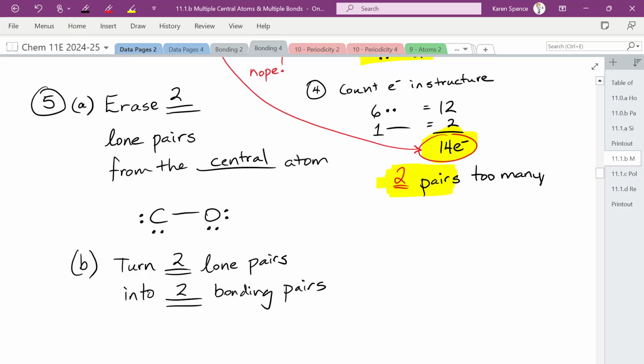Okay, now what if I did this? Let's see. What if I did this?